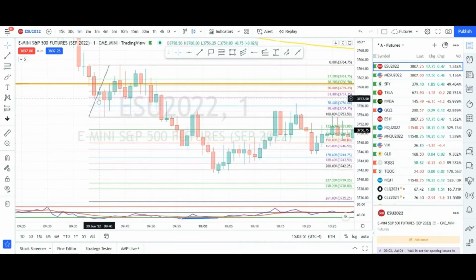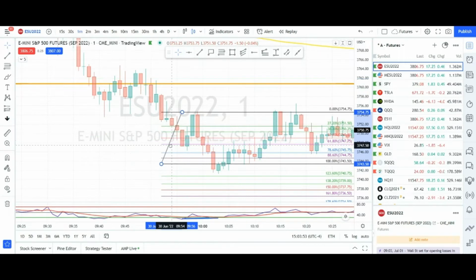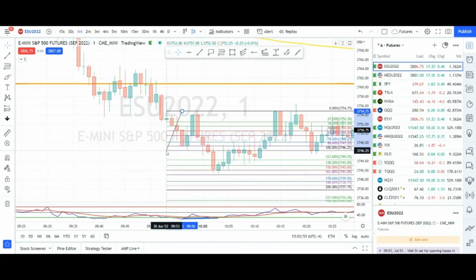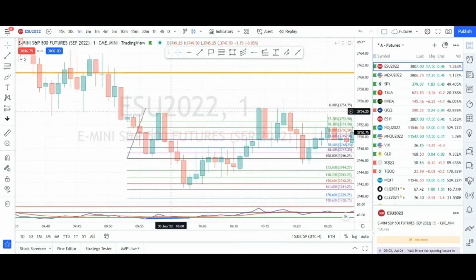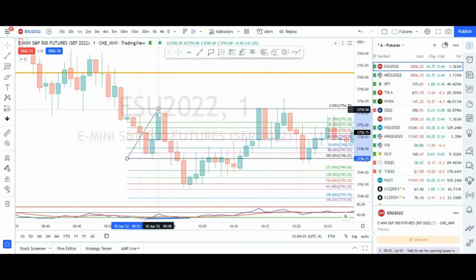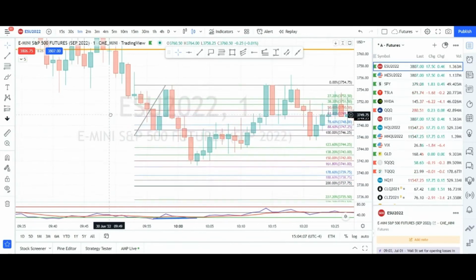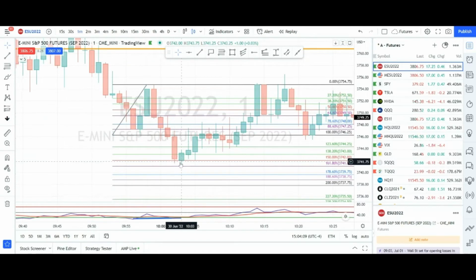Okay, why it came down to that area, you can see, because this was the high, this was the low of the candle. Okay, so what is the level? Almost 161.8%.